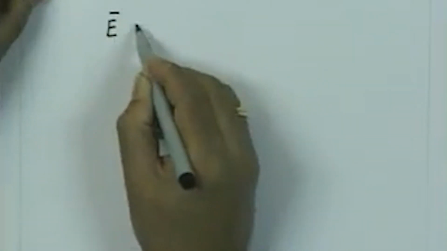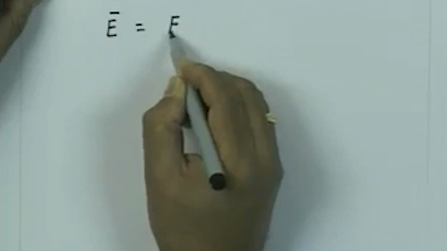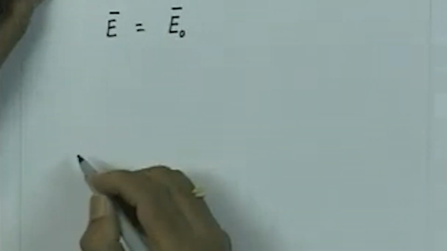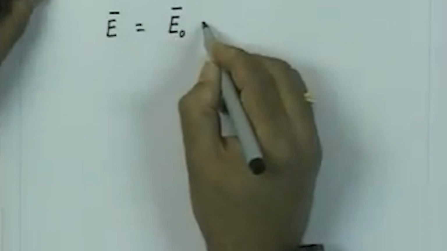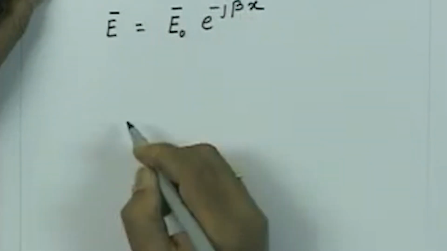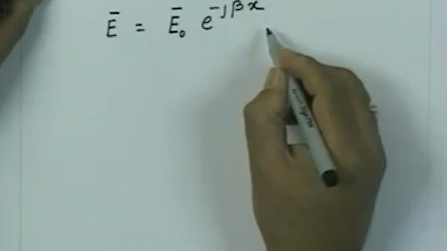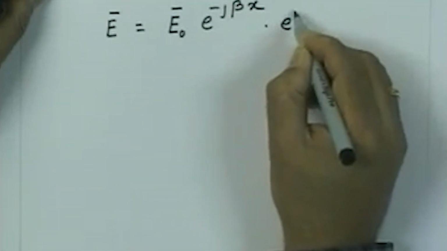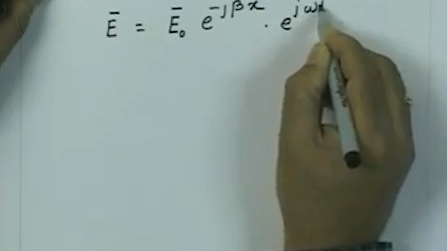So, as we have seen, if the medium was lossless, then the propagation constant is purely imaginary, and then any field E can be written as some E0 e to the power minus j beta x, and if I want to put explicitly the time function, it will be j omega t.